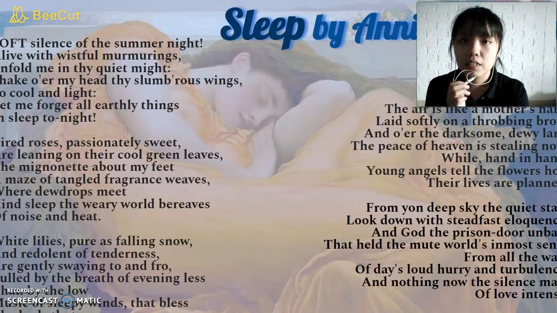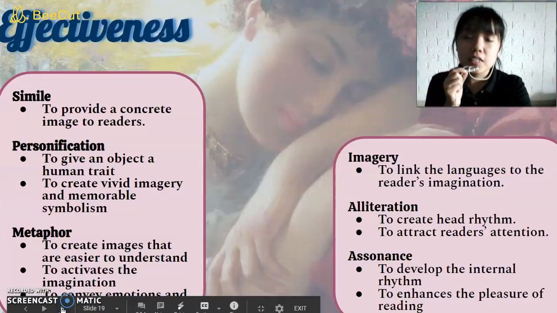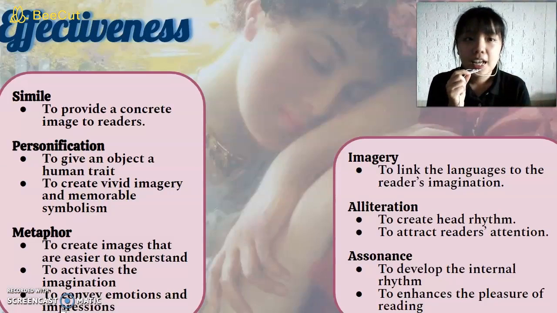In this sentence, the rose is personified because a rose will not get tired and will not lean on the cool green leaf. This characteristic is a human trait. So in this sentence, the rose symbolizes that the poet wanted to have a good sleep, and the poet ignored the tired ones suffering from the noise.